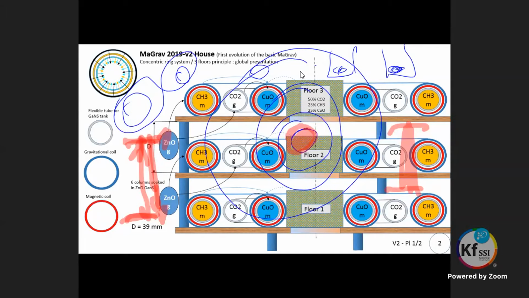If you consider in CH3, we have a copper still, we have a zinc, and we have iron. We're forgetting about this.